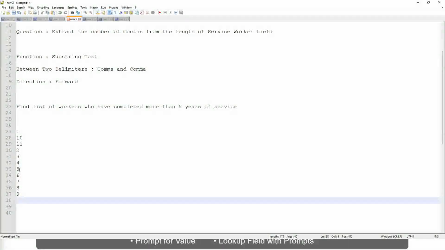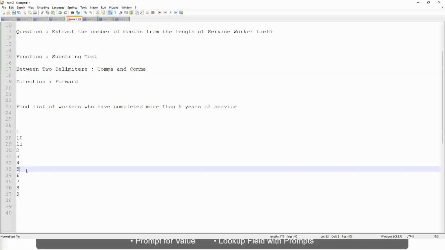Right. So I have said greater than 5. So this is where I have put my pointer. Greater than 5. Greater than or equal to 5. So now, what do we have? We only have 8 and 9. Right. 10, 11 is considered to be less, because it is comparing text to a number.